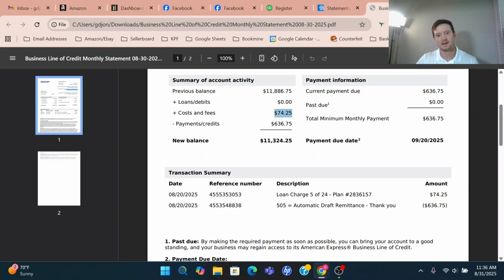So I need to add this inside of QuickBooks so that it reflects the true number, because I didn't actually pay off $636 of what I owe. I paid off $636.75 minus $74.25 of that, and that is what I paid down. But the whole payment is showing the accumulation of both of these.